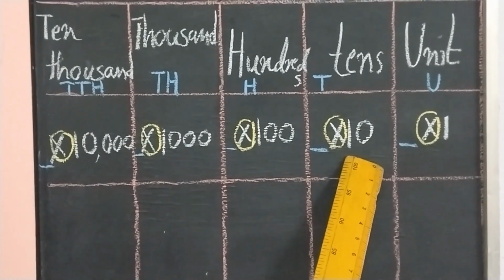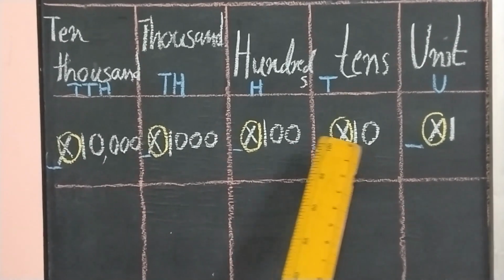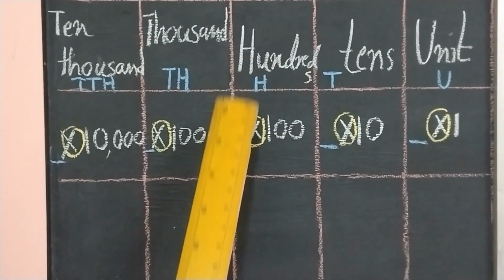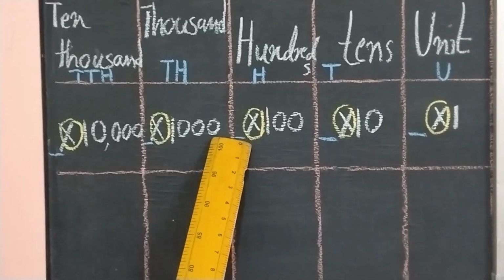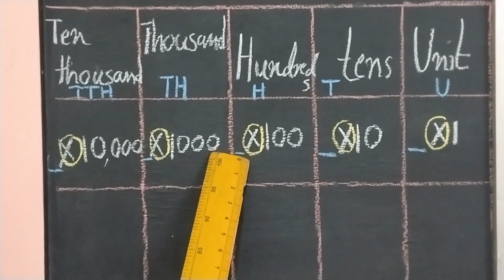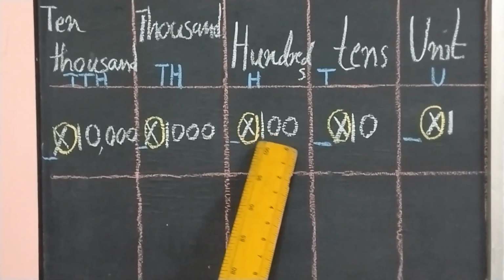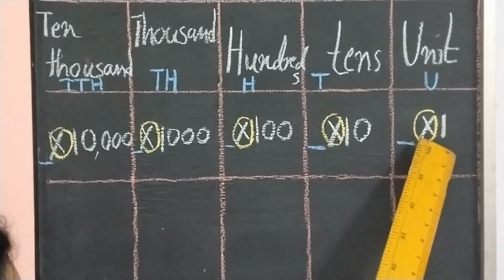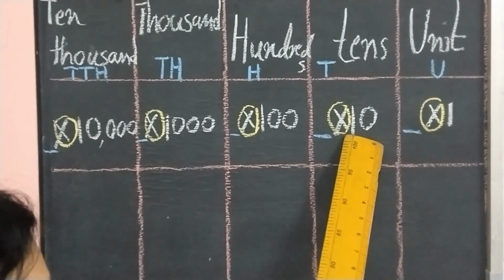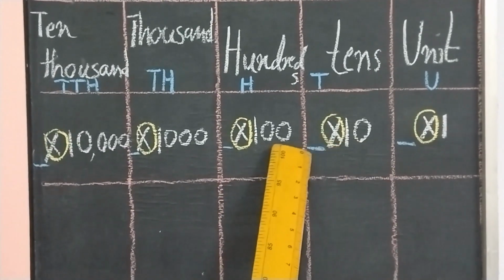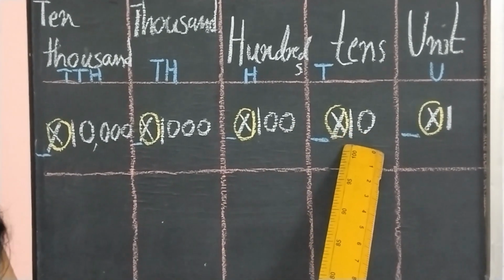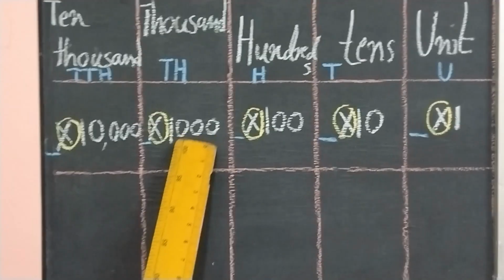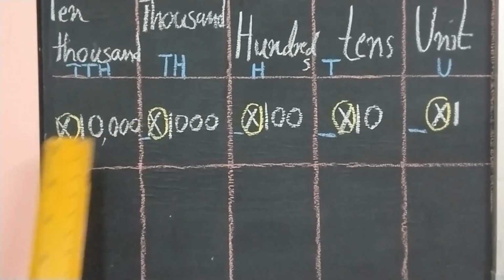It will be its place value. We come on hundreds. The number which falls under 100 we have to write multiplied by 100. That means starting from 1, we go on increasing zeros one by one. Here 10, here 100, then 1000 and 10,000.